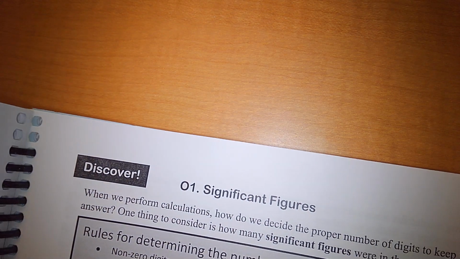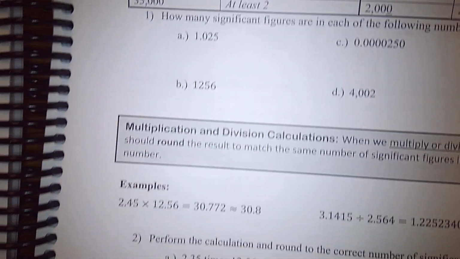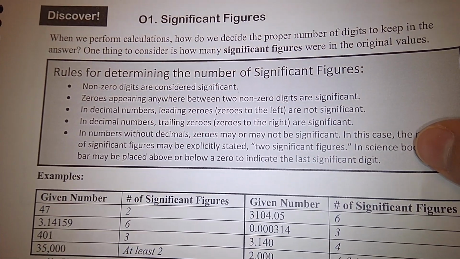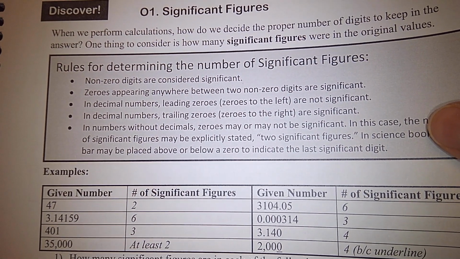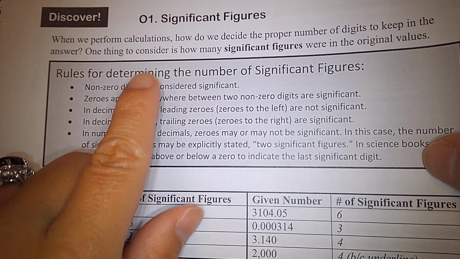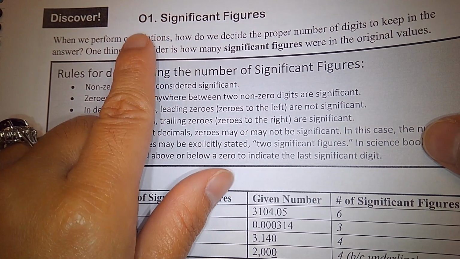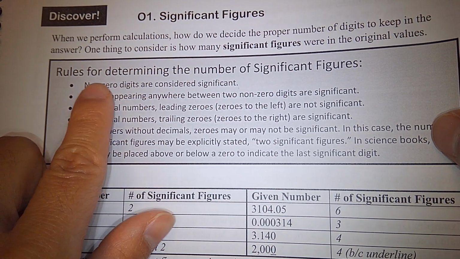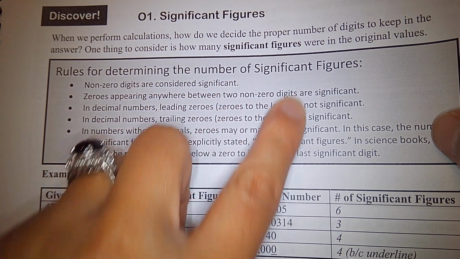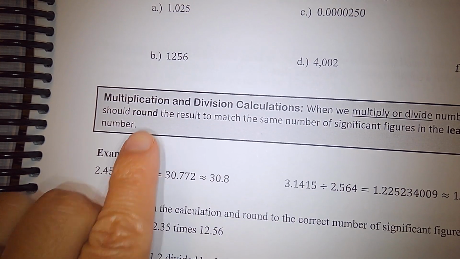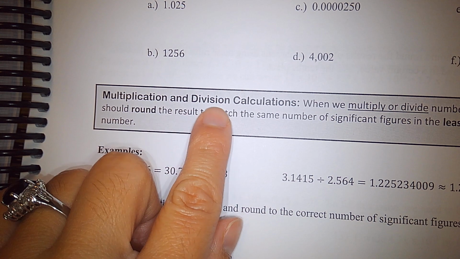On page 231, guys. Yeah, our textbook, page 231. This section is about the significant figures and the rules for determining the number of significant figures, with examples of how to multiply and divide.